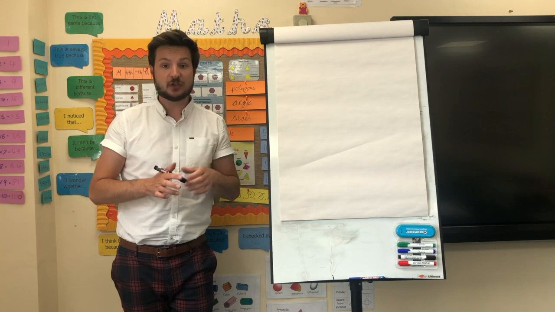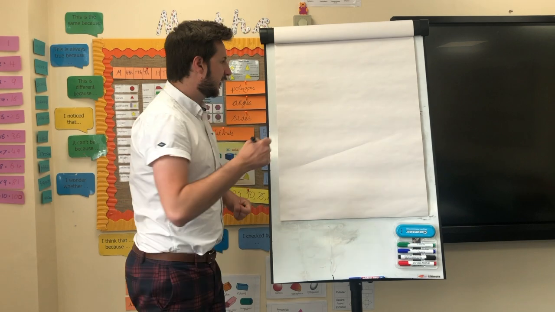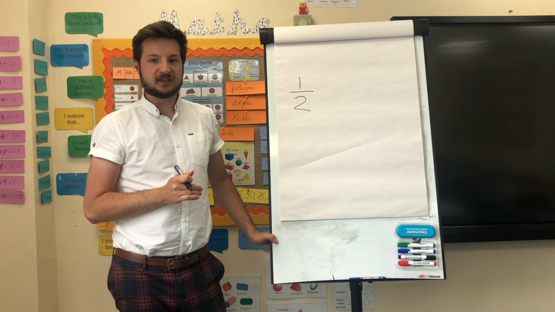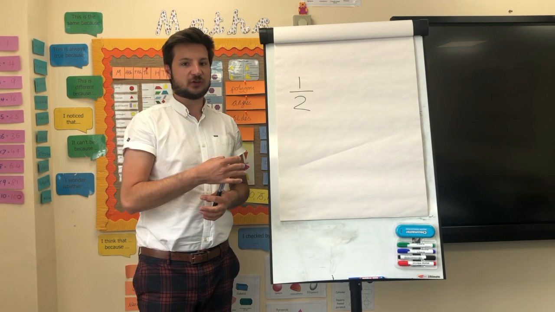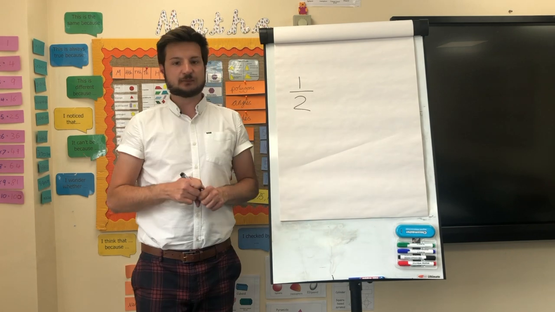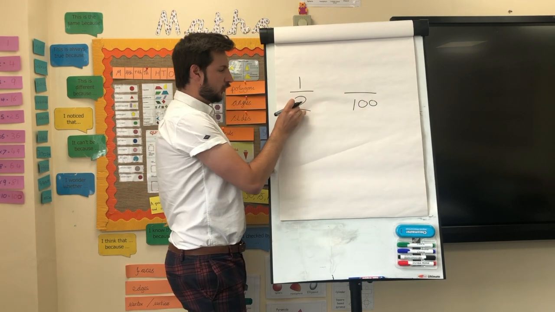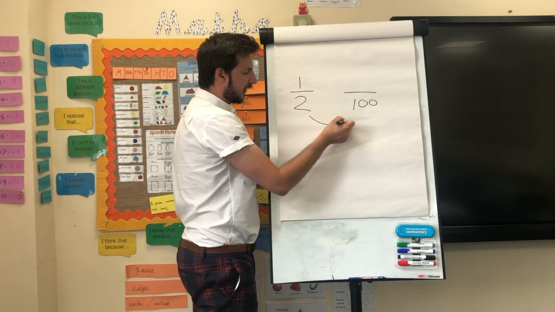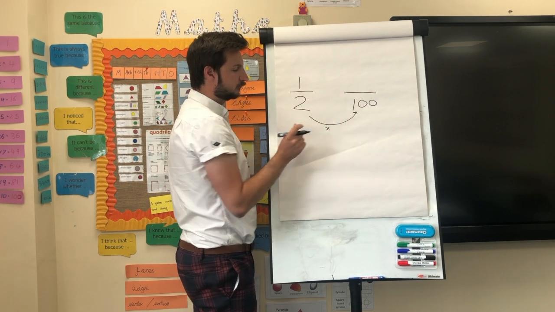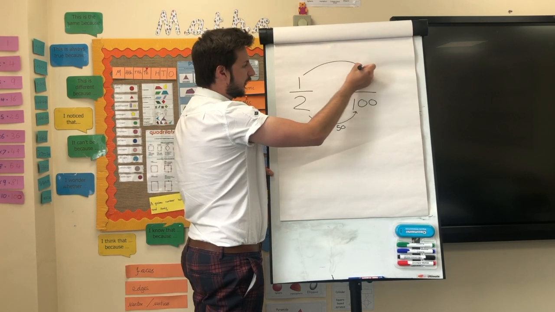We can use fractions to explain why 1/2 is equal to 50%. If I write 1/2 on my flip chart, 1 is my numerator, 2 is my denominator. I can convert this fraction to an equivalent fraction so that it shows that it's out of 100 instead of out of 2. So in my line, I'll write 100. 2, to get to 100 through multiplication or division, is multiplied by 50. 1, whatever we do to the top, we do to the bottom.